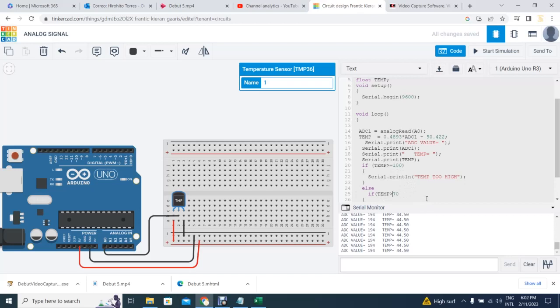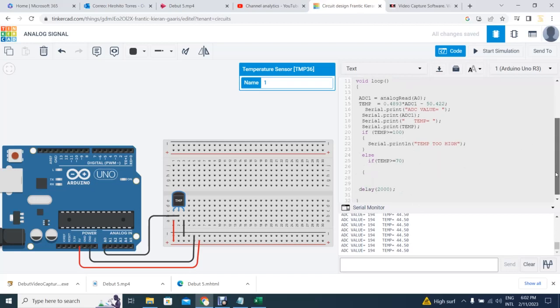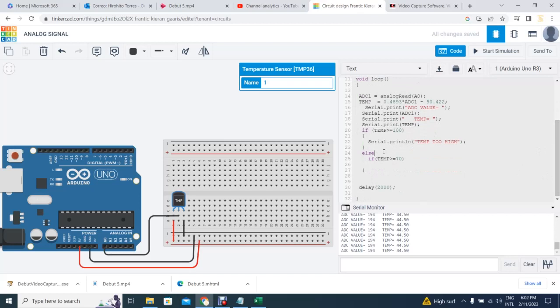so if temperature greater than 70, we apply the same we did here. We're going to print this.